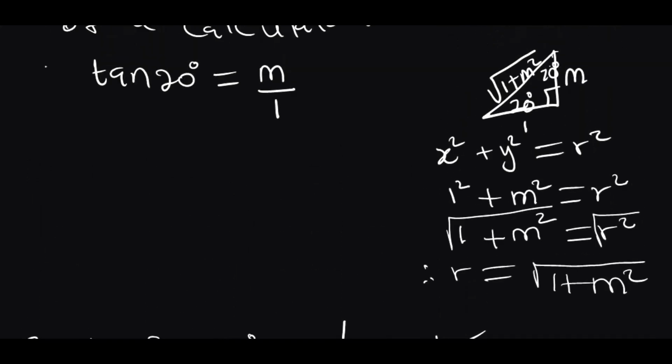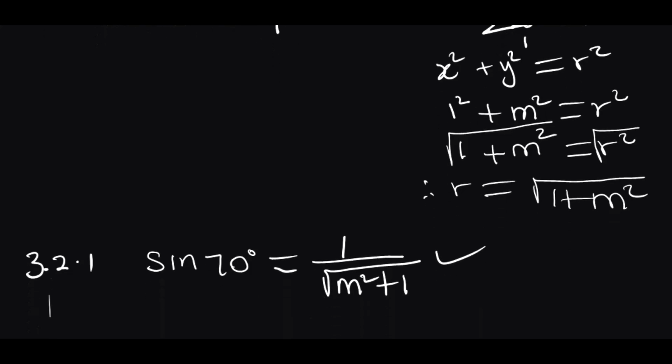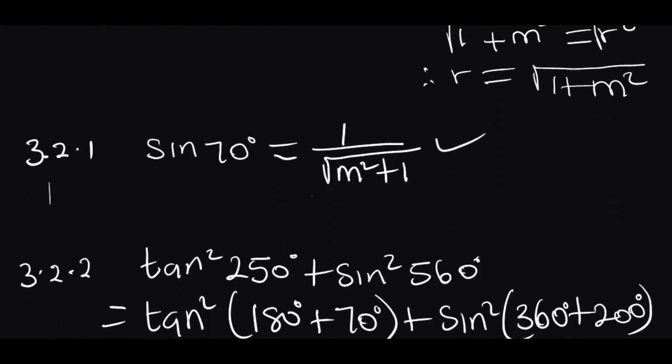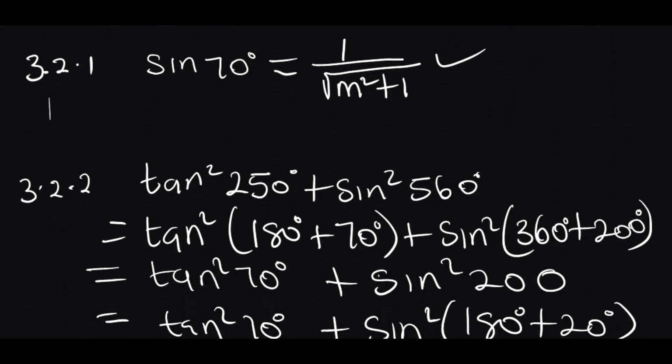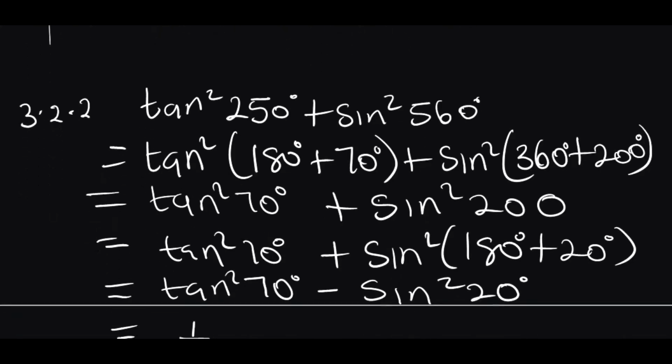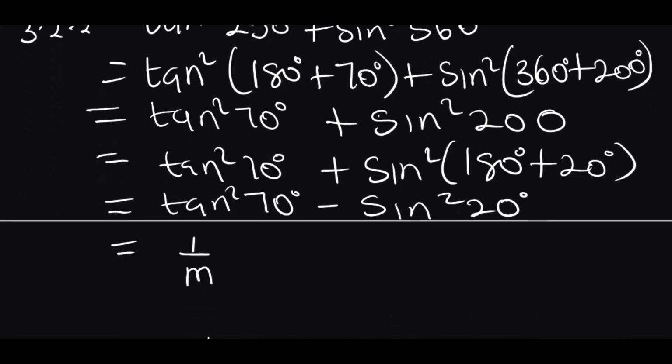Yes, tan 70 degrees is 1 over m. That is absolutely correct. Okay, now let us move on, viewers. I hope you are still with me. I can see it's such a long lesson.